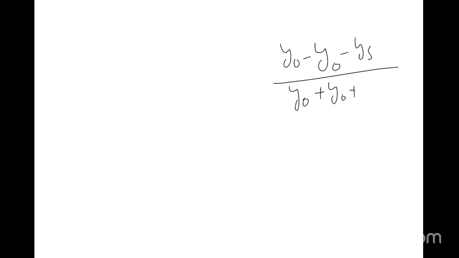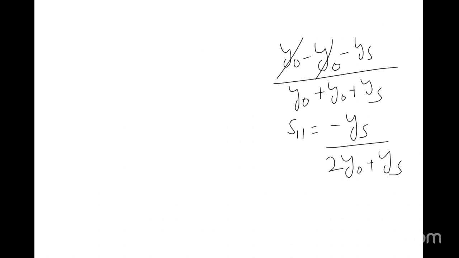Y0 minus Y0, because we have minus Yi, which is minus Ys by Y0 plus Ys. These Y0 terms cancel. So we get the output: S11 equals minus Ys by 2 times (Y0 plus Ys). This is the parameter S11.